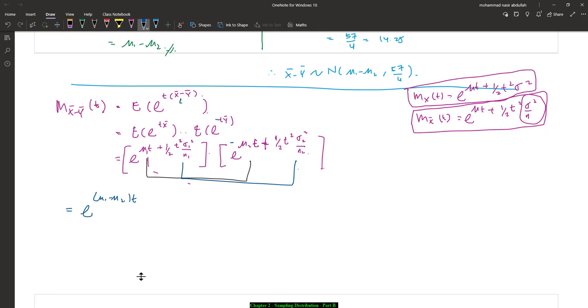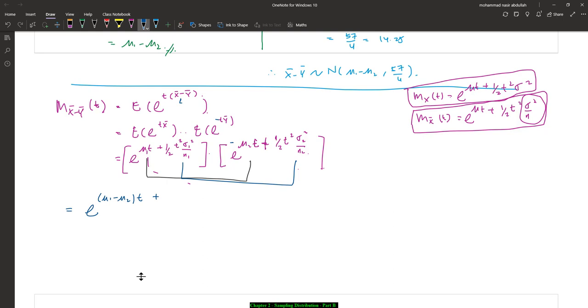And then kita combine dulu lah, combine dulu senang. Kalau tak, susah kita nak pecahkan. Say mu1 minus mu2 t, right? Kita combine this one and then plus 1 over 2 t squared.